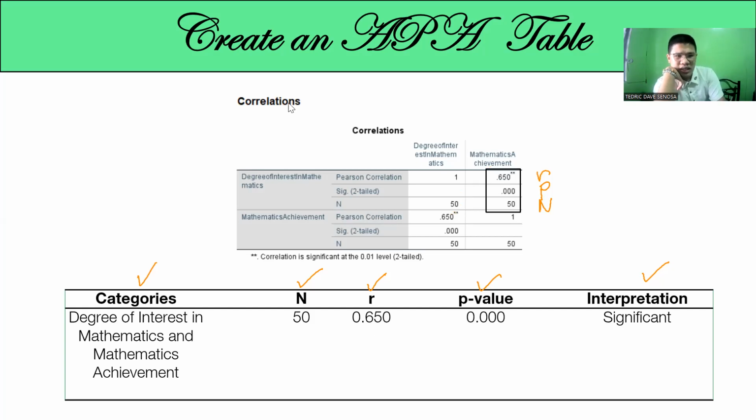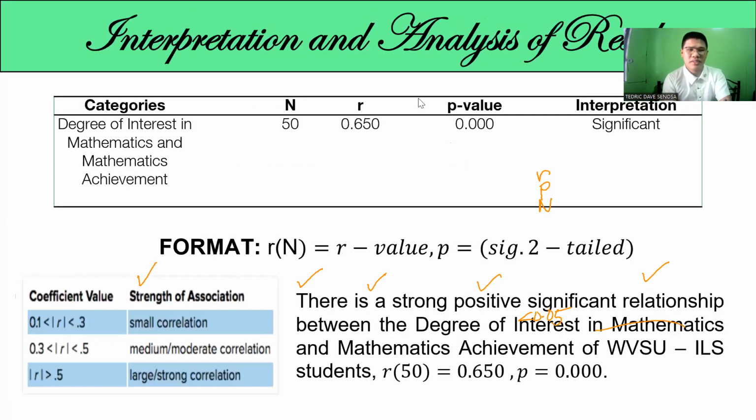As you can see, the p-value is less than 0.05. So there is a significant relationship between degree of interest and mathematics achievement. I think it is clear. So how to interpret?